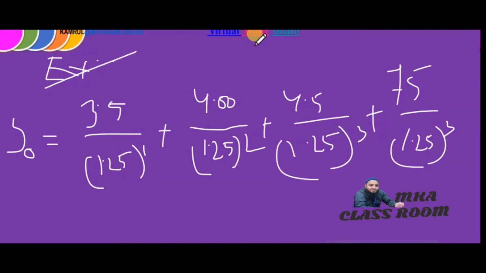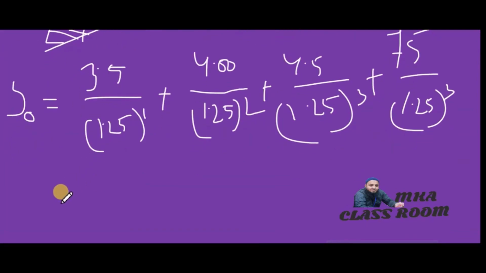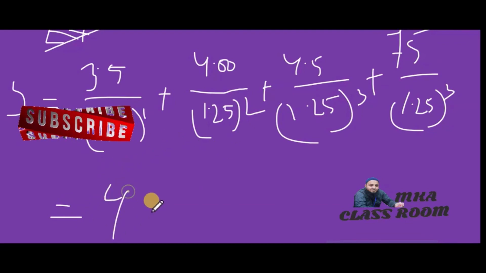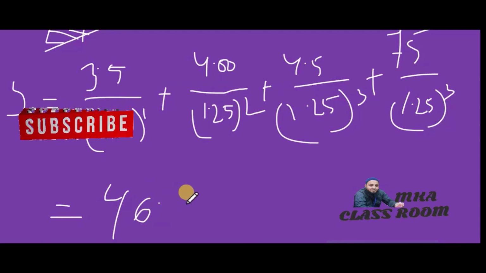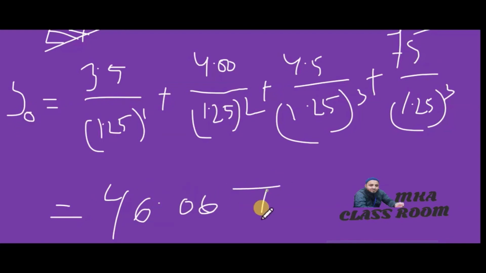So the present value, by calculating this with our calculator, should be 46.06 taka.